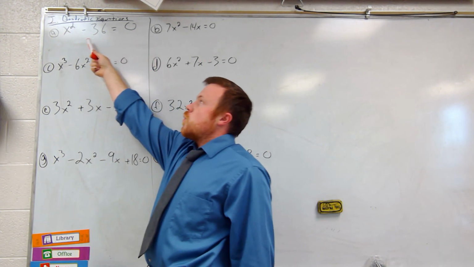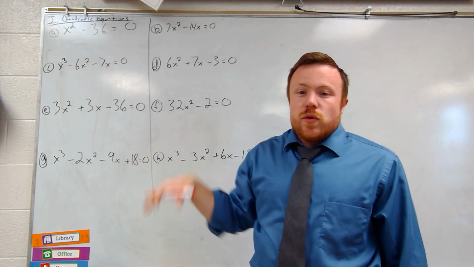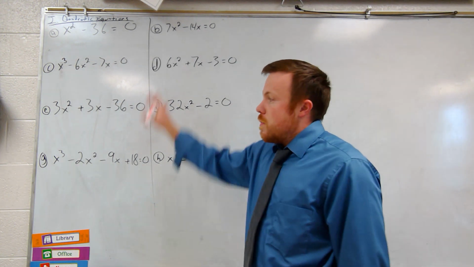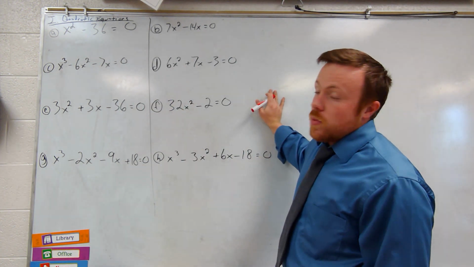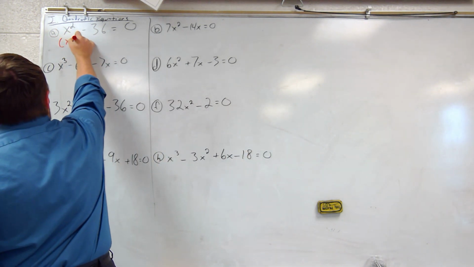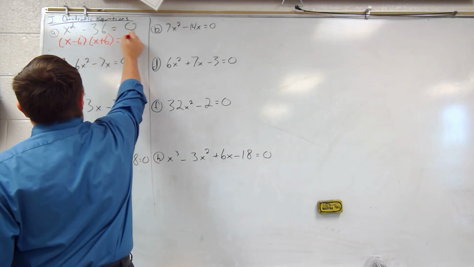So this first one's one that we could add 36 to both sides and try to then square root and take the square root method, but we're going to focus on factoring as our primary method to solve these 8 problems. This is a difference of squares, so we have x minus 6 and x plus 6.